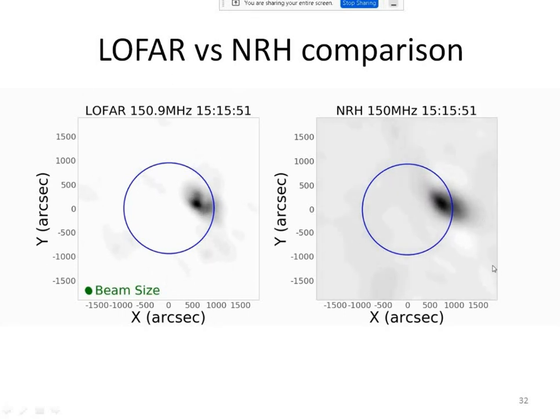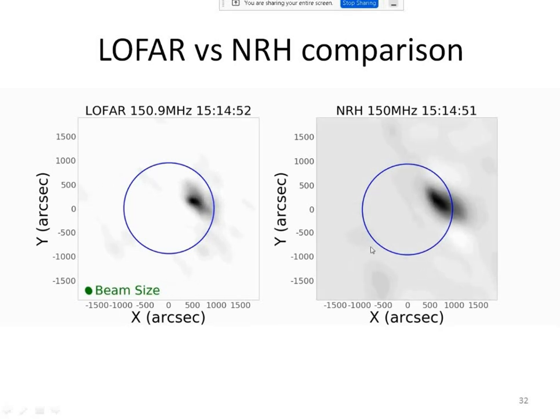So we show a very nice comparison of the two instruments. This is the beam size of LOFAR, for example, and the beam size of NRH is actually a little bit larger. As you can see, the first thing we would like to say is that the two animations match pretty well.